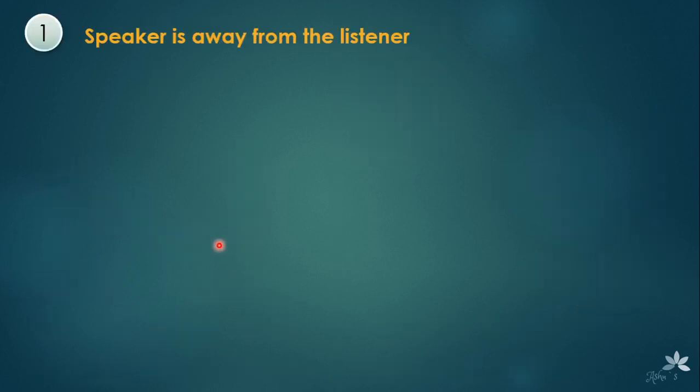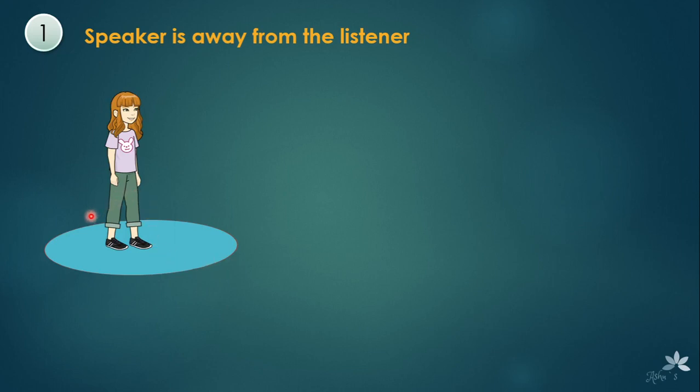Now let's analyze them together. In the first situation, when the speaker is away from the listener, the objects closer to the speaker or something in the hands of the speaker will be referred to as kore, from the speaker's point of view.